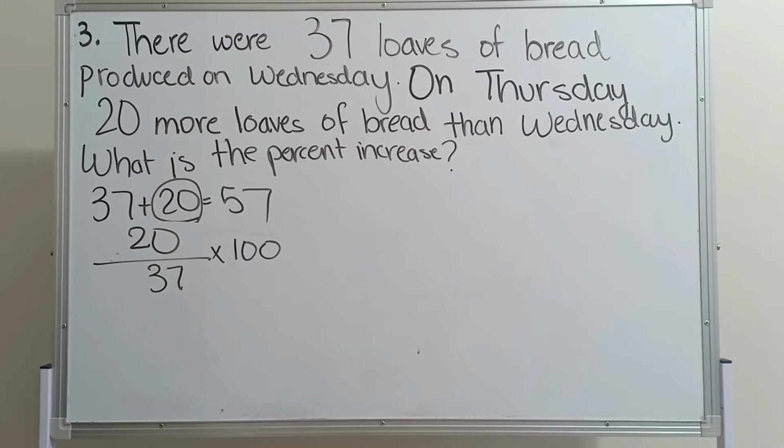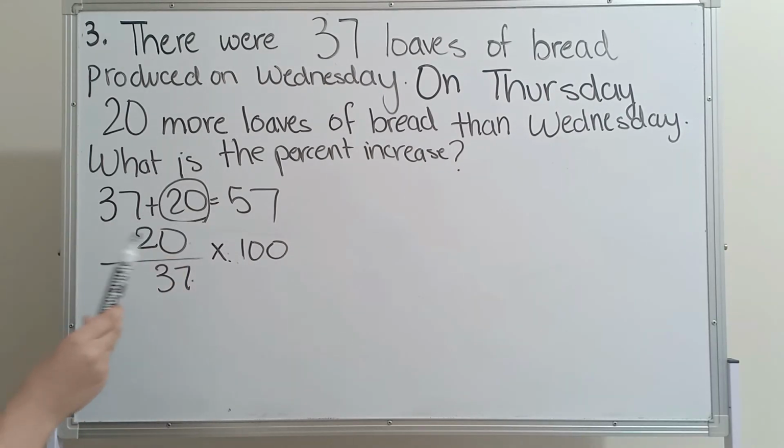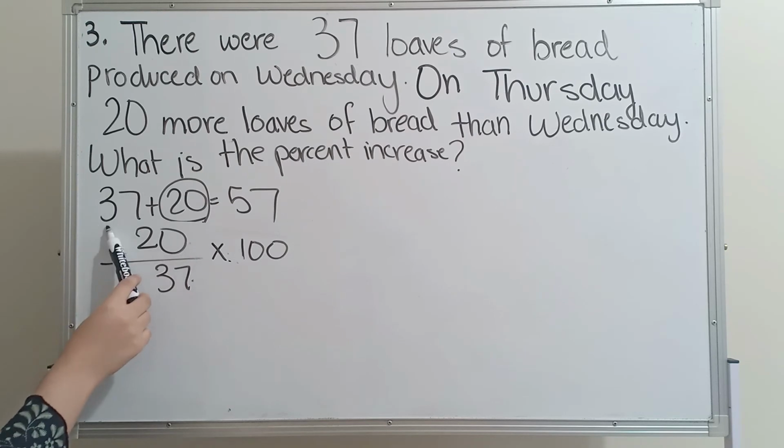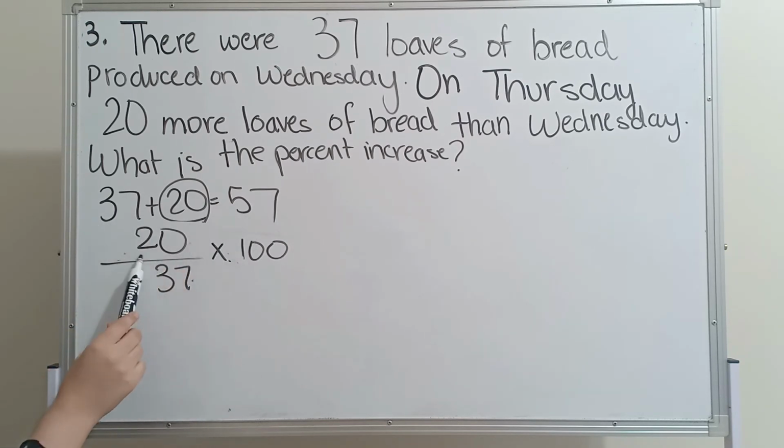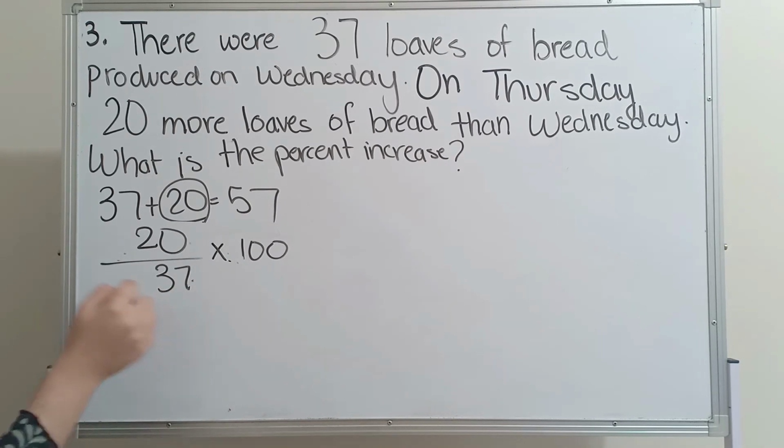We are just going to divide this and then multiply by 100 to get the percent increase. We just put the 20 here because if we subtract 37 from 57, we get 20 as an answer. And then we are going to multiply it by 100. But first, let's take the quotient of this fraction.